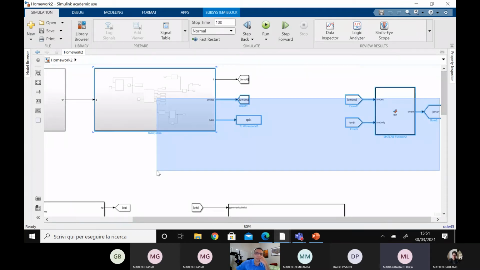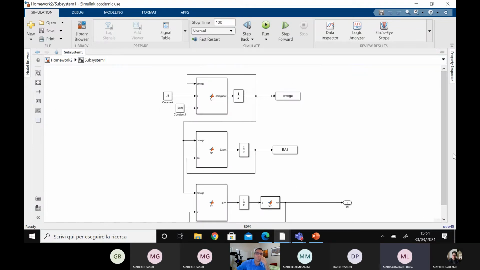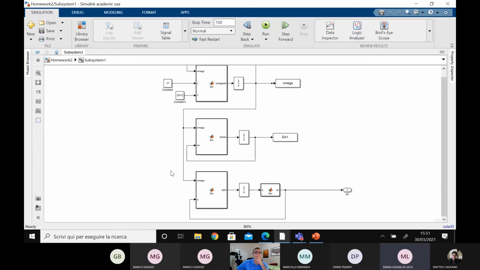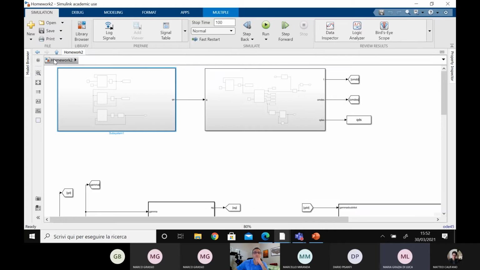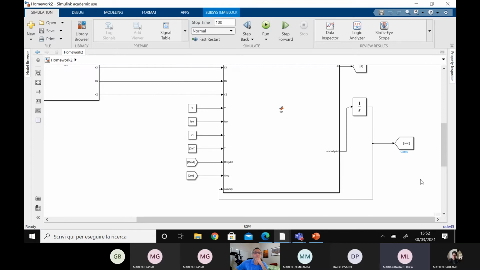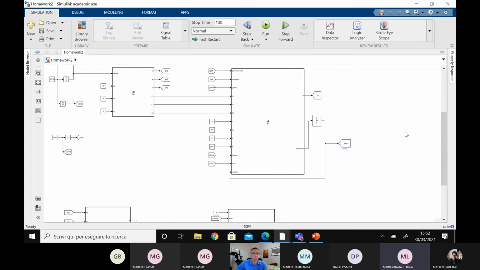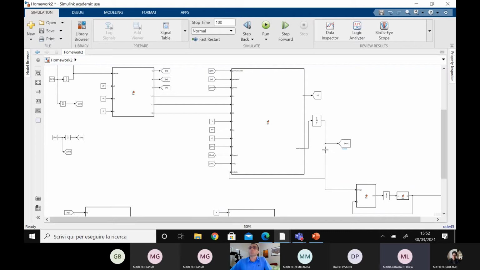So what I should do is take this block that computes the quaternion, and essentially use this omega here. That's right. I'll clean it up later.